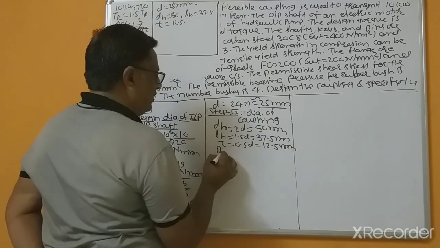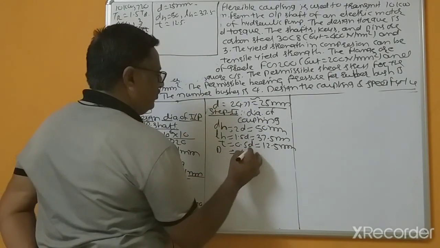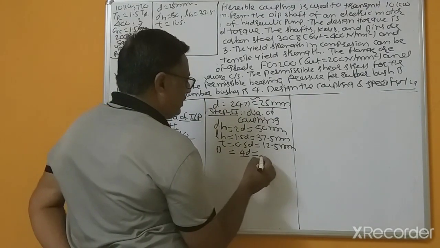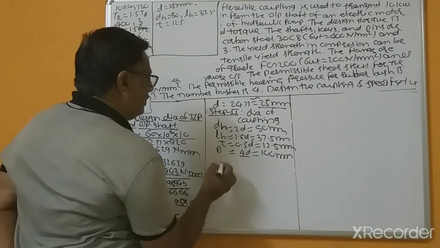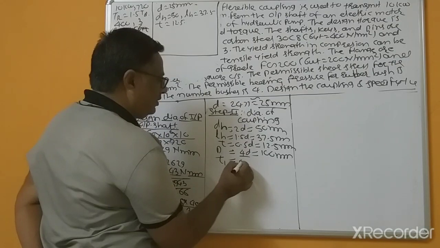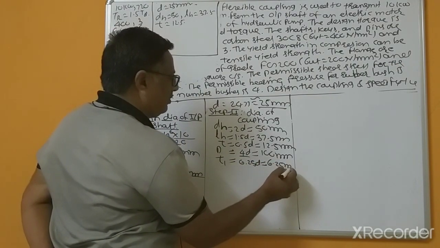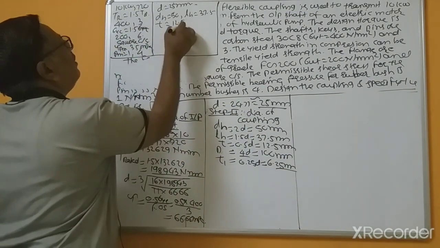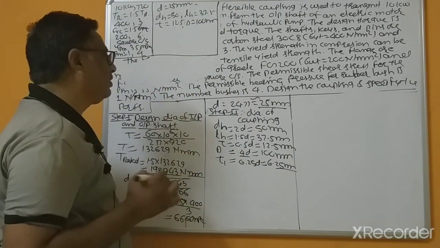And outer diameter, sorry, capital D, I will consider this as 4D because the diameter of the bush is greater, so that's why this is 100 mm. Next T1, because this is protected type, is 0.25 D, 6.25 mm. So I think this much is sufficient data to solve the problems.